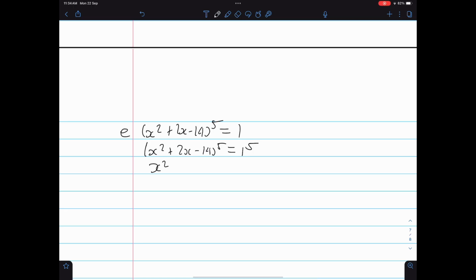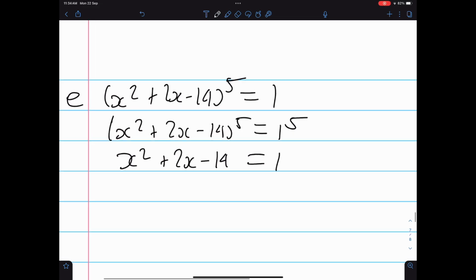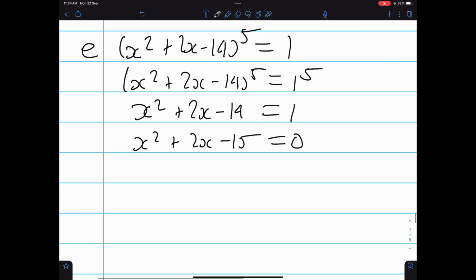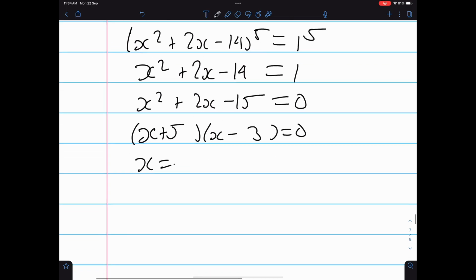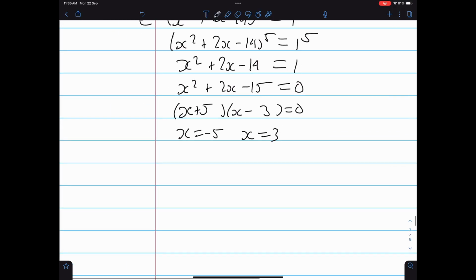And then we can say, because the powers are the same, this quadratic expression is equal to 1. And we can do this. And we can factor this very easily. So that means x is equal to minus 5 or x equal to 3.